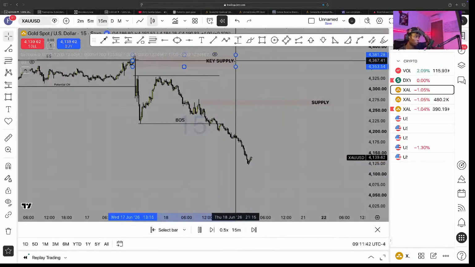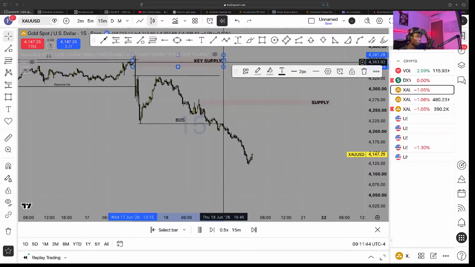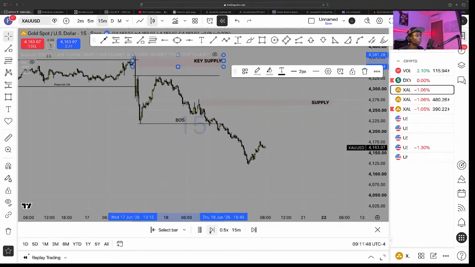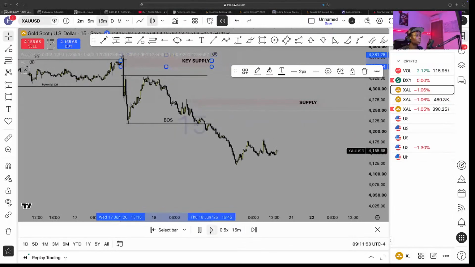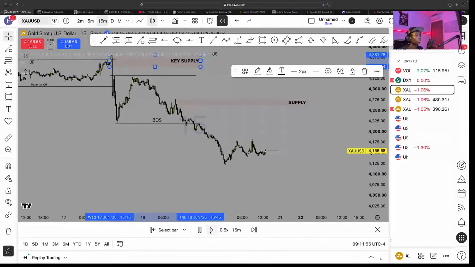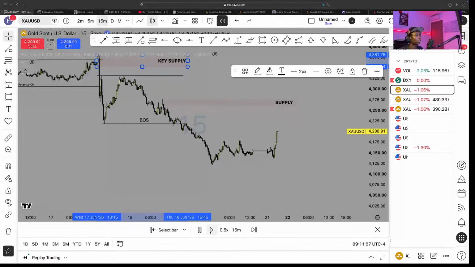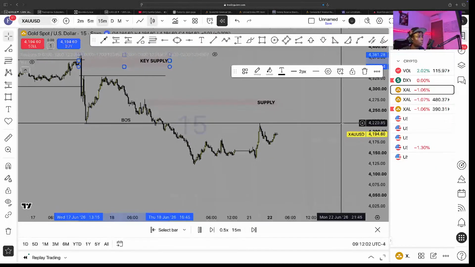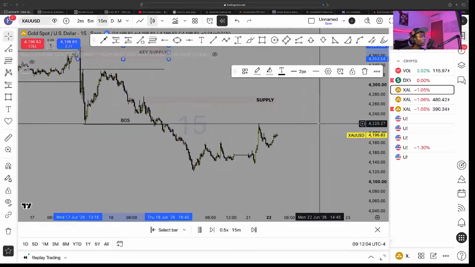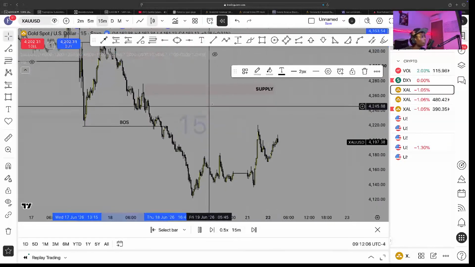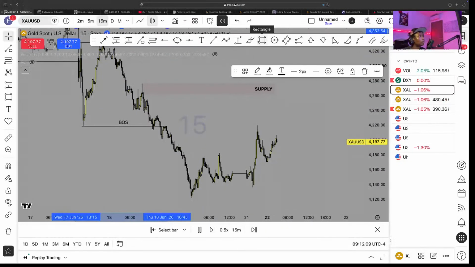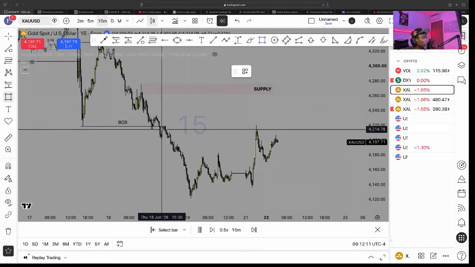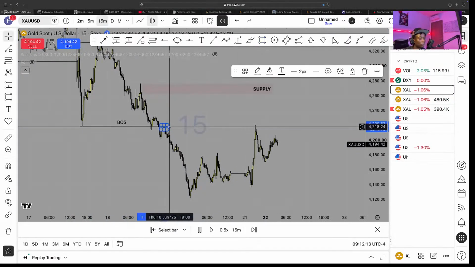Maybe in the future, price might just come back to this level. So I'm still gonna watch out for that level. Let's see if we're gonna have a pullback. Let me check, because we're having a rejection here. Yeah, we have a supply at this point.